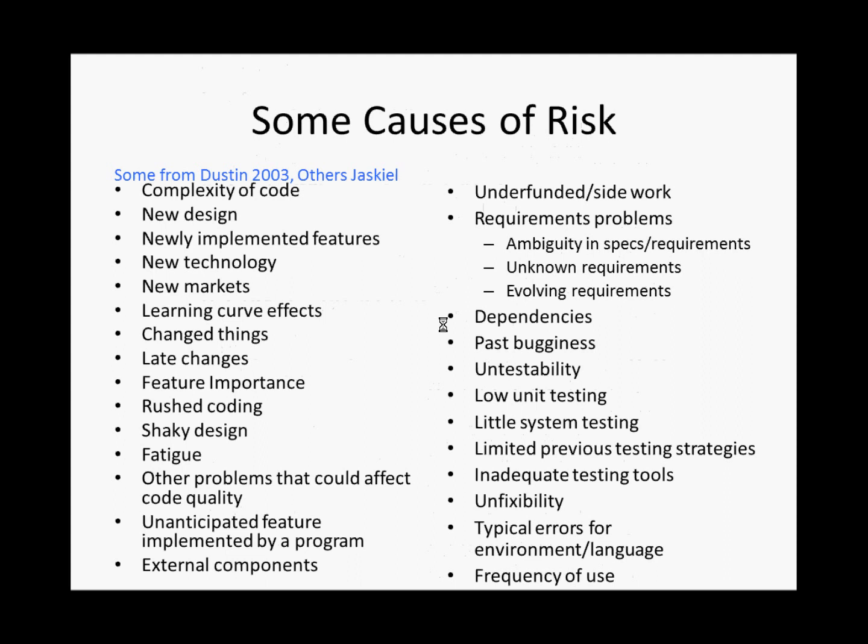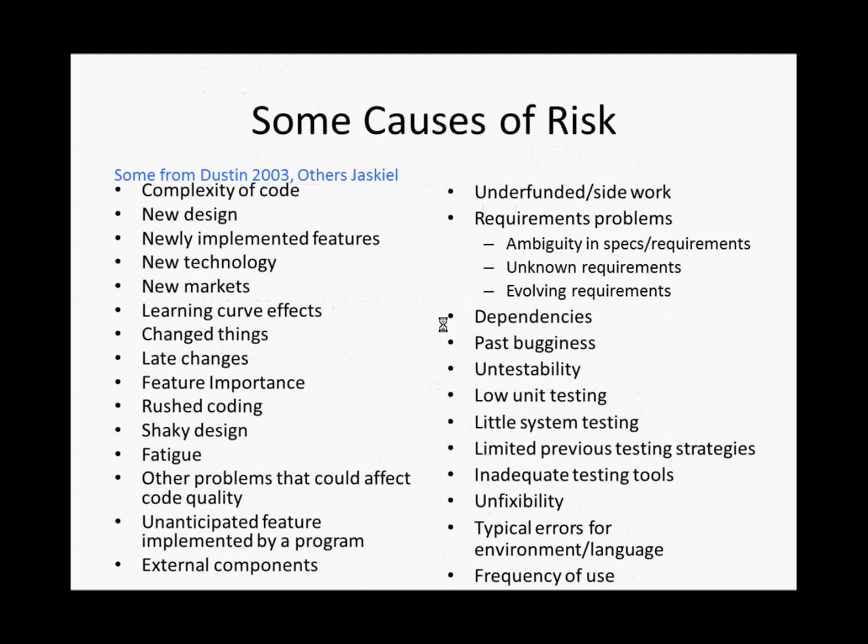The design, you're not sure, you didn't have time to really think through all these issues. The coding has been really rushed. People are really fatigued during it. Lots of dependencies on other areas of the program. Ambiguities in the requirements for this area. Maybe even within your team, there's different perceptions on how it should behave.